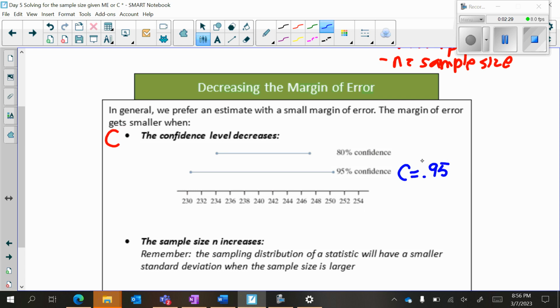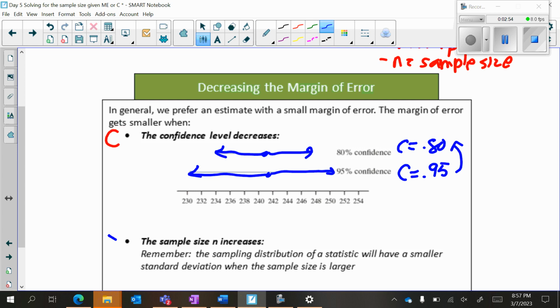That's going to be a wider interval, and the margin of error is going to be a lot bigger versus an 80% confidence interval, where the width is going to be less. You're going to be less confident, but there's going to be less error. So if you decrease the confidence level, you will decrease the margin of error.